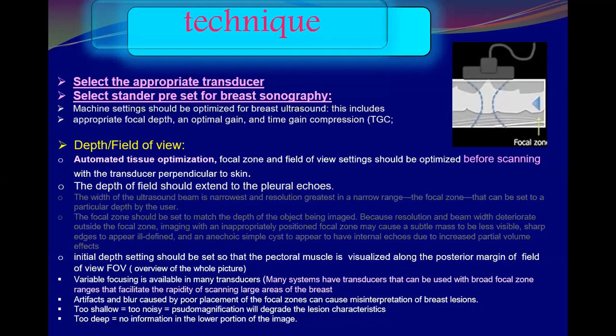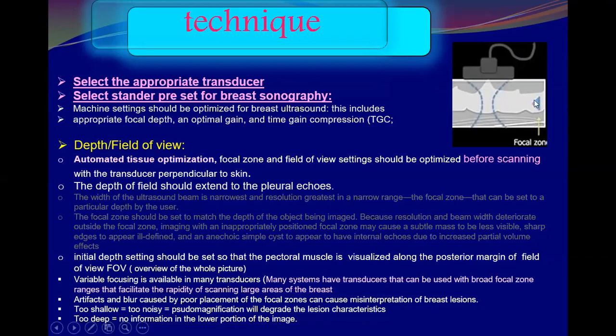Regarding the focal zones, we have to preset them before scanning. And we have to put it where exactly? Do you remember how we could optimize? And the focal zone usually represents what?